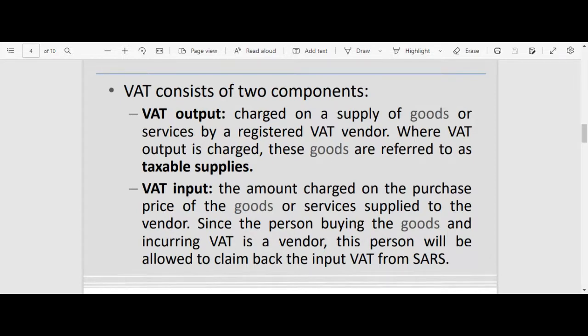But at the same time, and this is important to note because this is the difference between an exempt supply and a zero-rated supply, in the case of an exempt supply, that supplier is also not allowed to claim the input tax. Right. So if it's an exempt supply, they cannot raise value added tax, but they are also not allowed to claim the input tax.